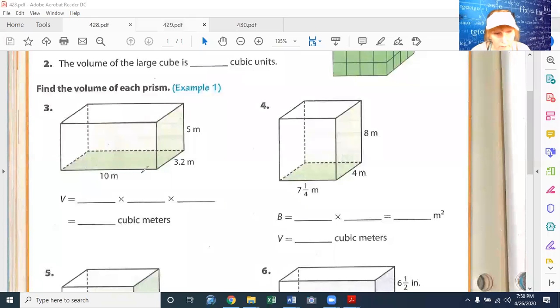We have a length of 10. What is our width? 3.2. What is our height? 5. So then we have to multiply those all together. So the best way, I think, is let's do 3.2 times 5 first.